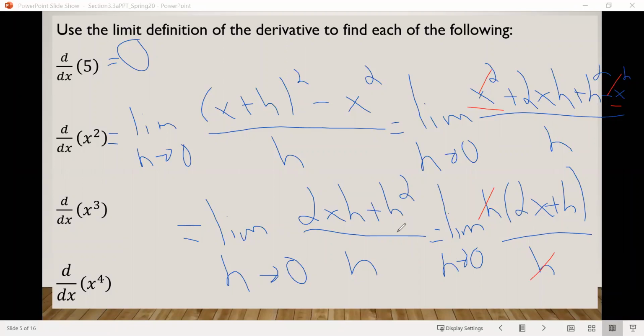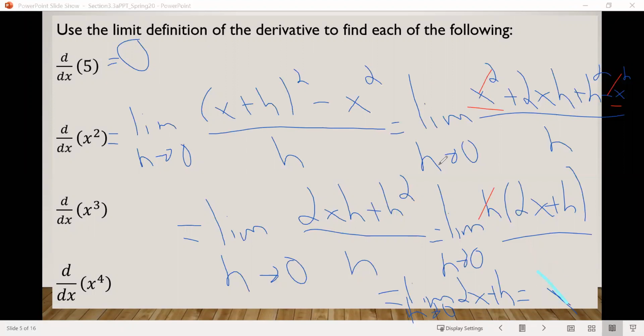And so our limit then just becomes the limit as h approaches 0 of 2x plus h, and here h is in the domain of this function, so we can just plug in h equals 0, and we'll get 2x there. Okay, so our derivative of x squared is 2x.